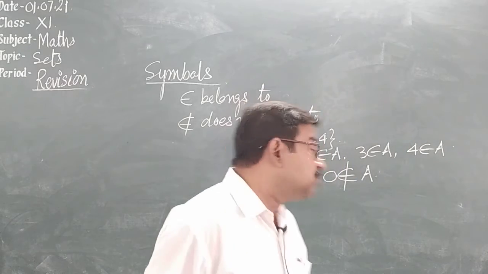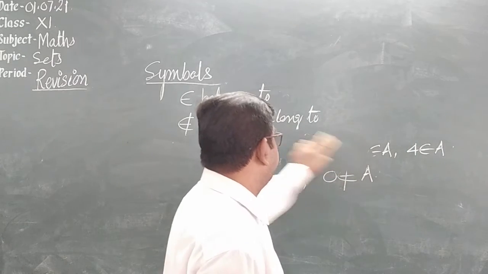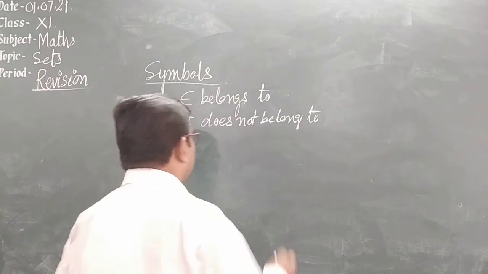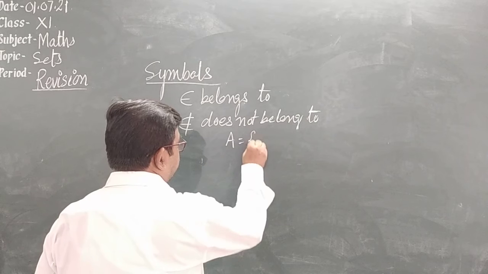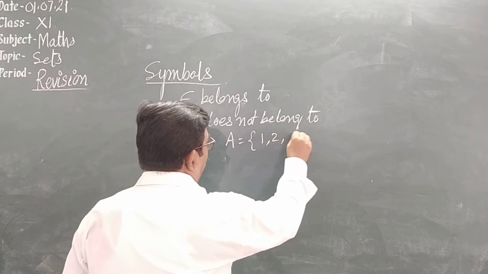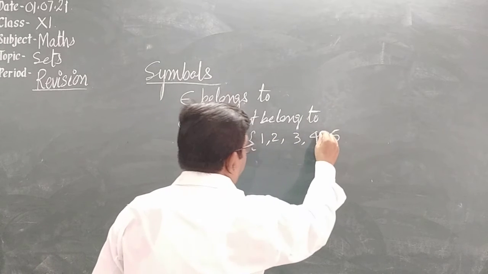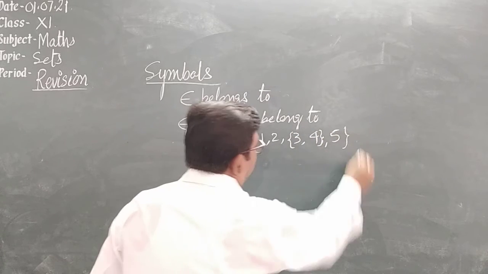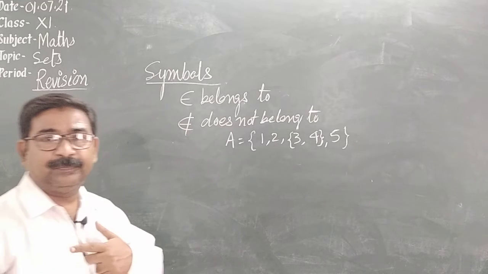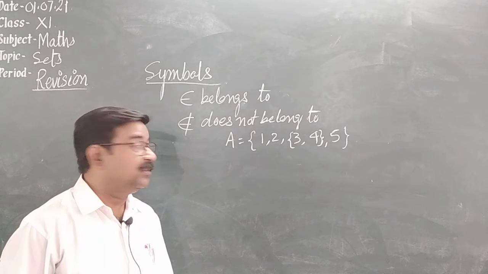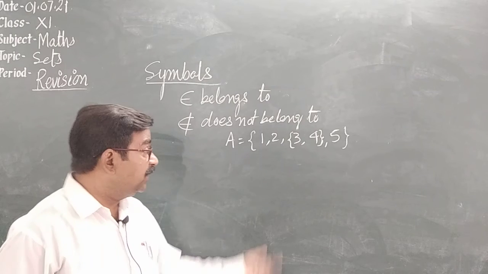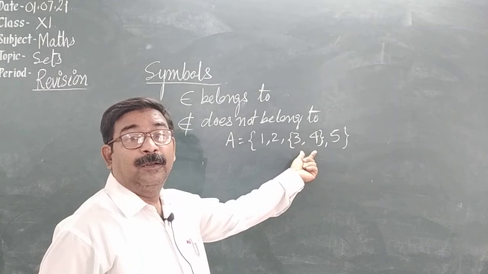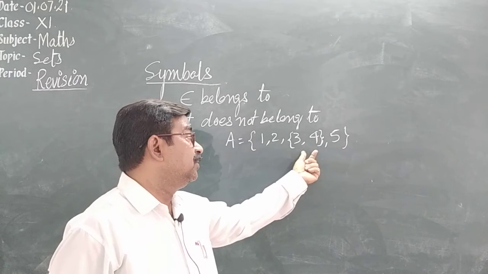Now a very confusing question. I am taking a set A: 1, 2, {3, 4}, 5, where 3 and 4 together are as one element. See, {3, 4} combinedly represents a single element, and then 5.